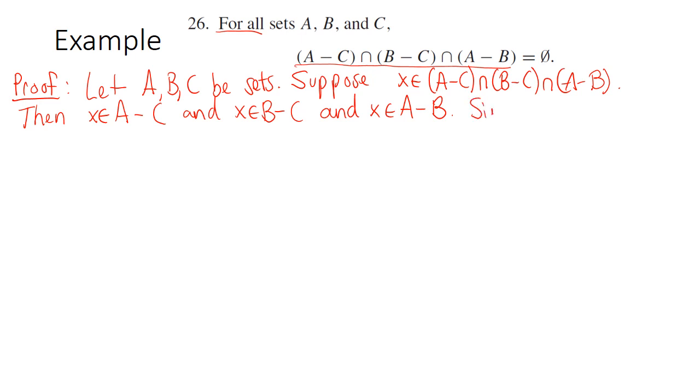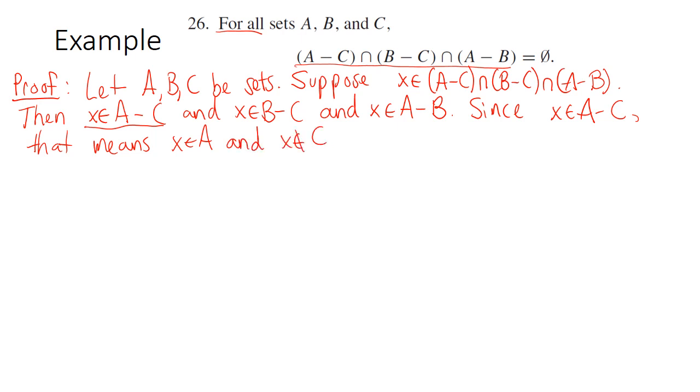So since x is in A minus C, I'm going to try to use this first piece that I got here. What does that tell me? That means two things. x is in A and x is not in C. Okay, and I still don't see any contradictions, so I'll keep going with translating the information that I've gotten so far.